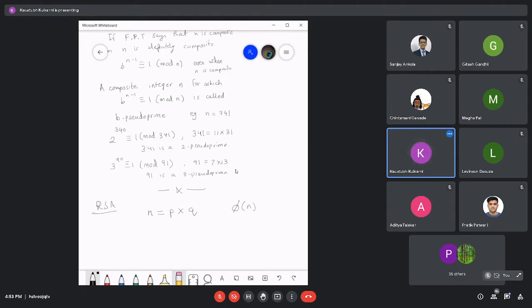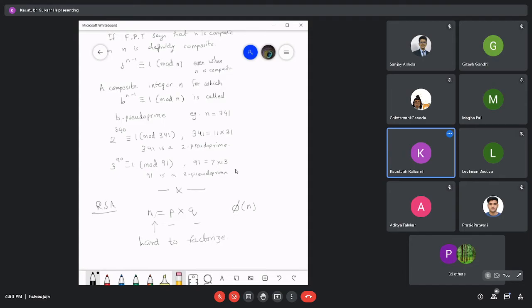Now, even if n is public, it is difficult to factorize n to find p and q. It is hard to factorize n to find p and q. P and q both are primes.